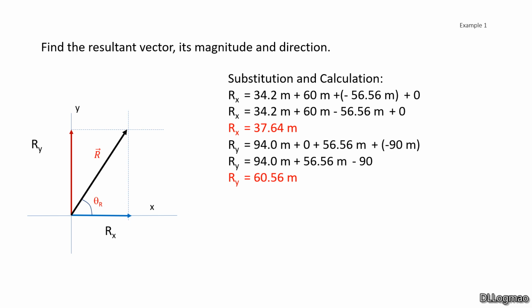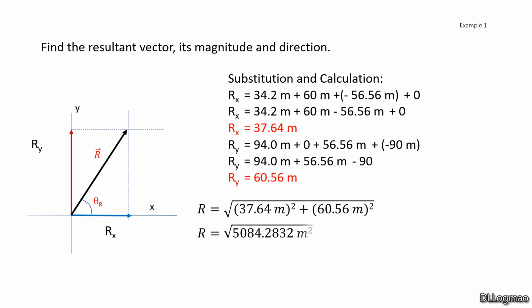Knowing that R sub y is perpendicular to R sub x and will form a right triangle, the Pythagorean theorem will be used to obtain the magnitude of the resultant vector, which is equal to the square root of the square of 37.64 meters plus the square of 60.56 meters. Performing the operations, the magnitude of the resultant R is 71.30 meters.